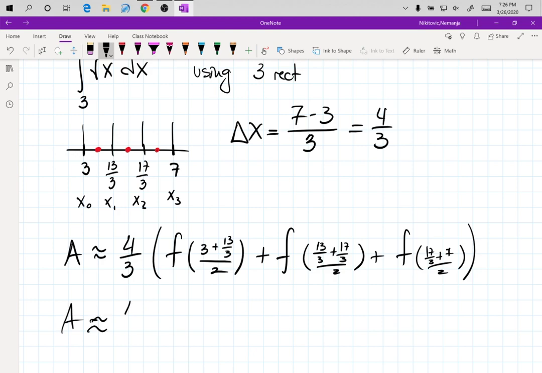Area is approximated by 4/3. F of 3 times 3, 9, and that's 22 over 6. That's 20 divided by 2, 10 over 3. I should have canceled this to 11 over 3.